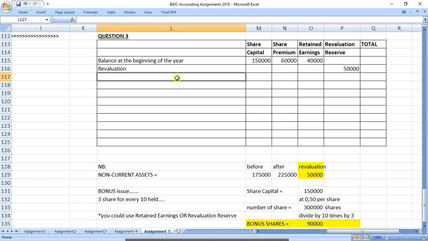I think they just write down issue. They don't even write the word bonus. You should be more descriptive, but if they've just done it that way, here they just said share issue. Let's use bonus share issue, just to be more specific. Bonus share issue, brackets, 3 shares for every 10 held.